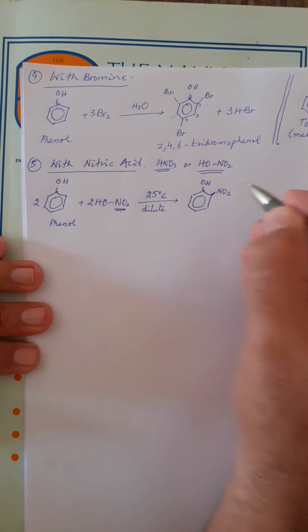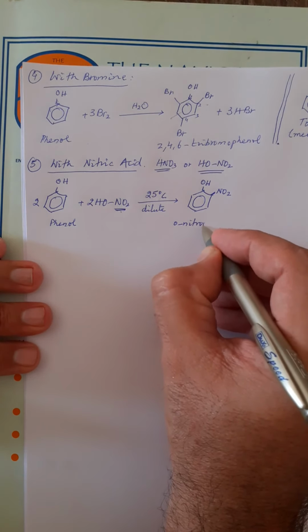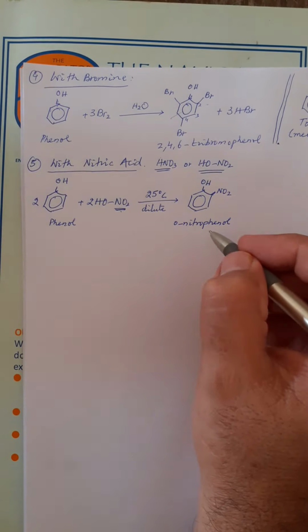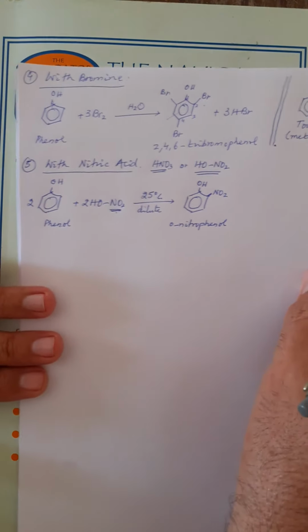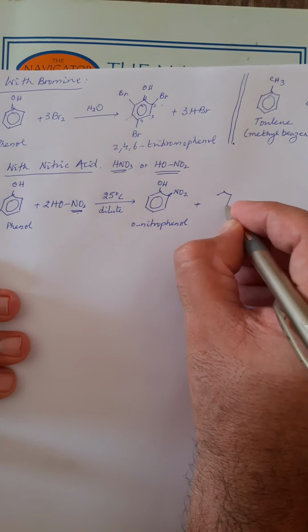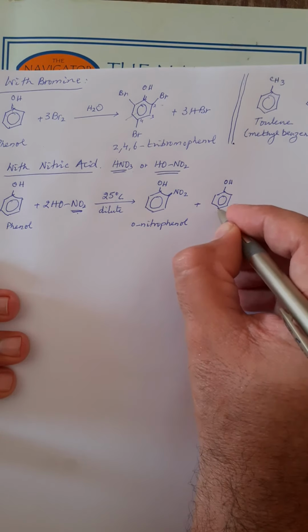Now can you guess the name? O-nitrophenol. O for ortho. You can say 2-nitrophenol as well. But besides this, you can also see another product, which is OH, and here.